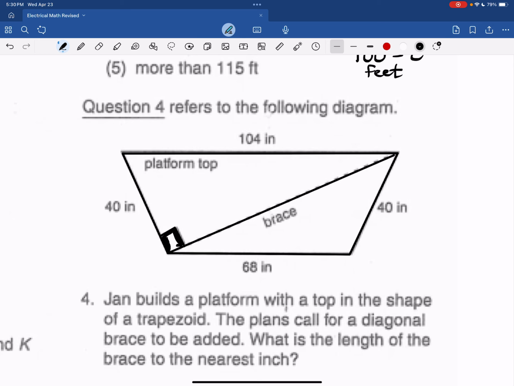Where would we find the hypotenuse given that right angle? Well, I guess it didn't want to color that for me. The hypotenuse is always across from the right angle. So it's going to be this side. This is the hypotenuse.